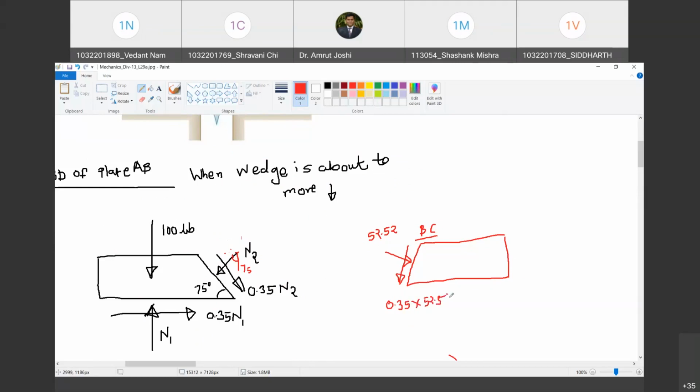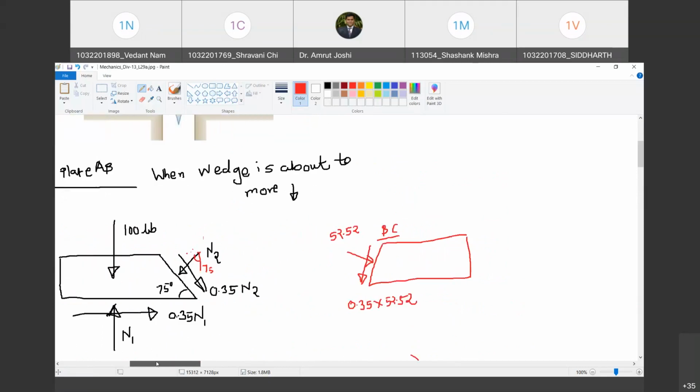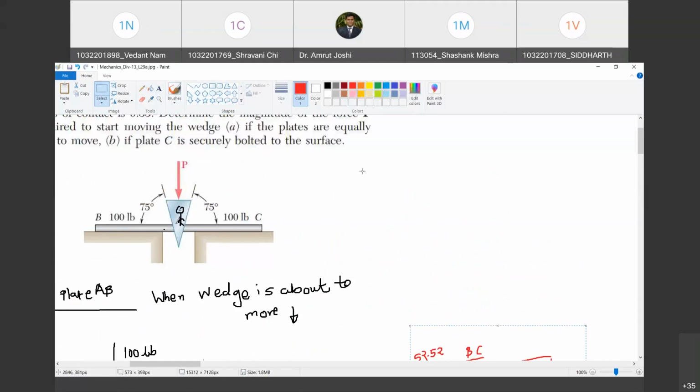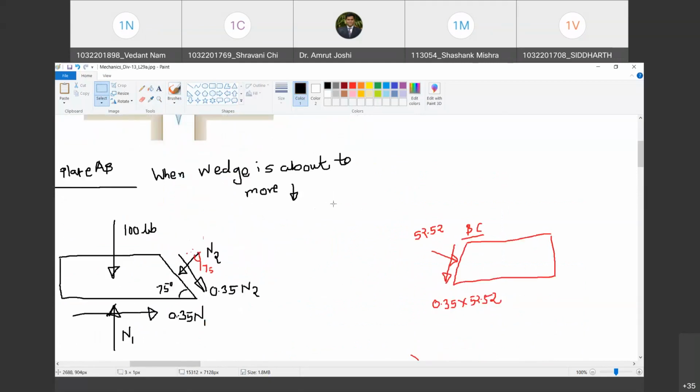Now, along the same line, I am going to draw the free body diagram of the wedge. So earlier that was for plate AB, this was for plate BC, and now here itself I am going to draw the free body diagram of the wedge.